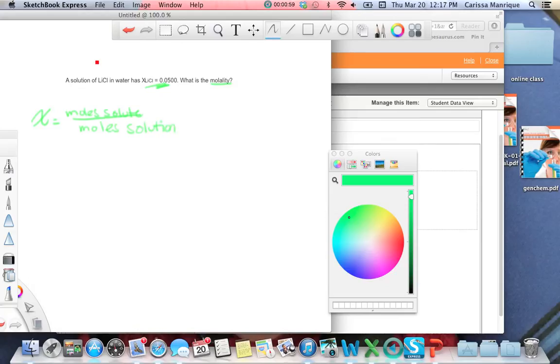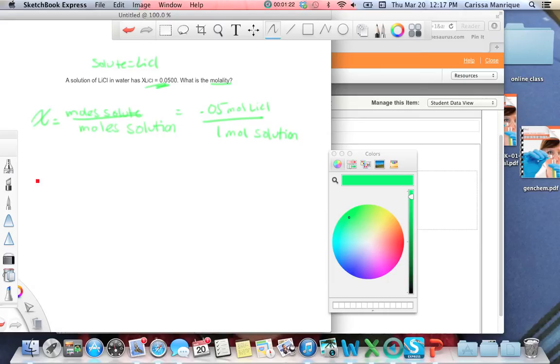Our solute, in this case, is lithium chloride, and this equals 0.05. So this basically tells us we have 0.05 moles of lithium chloride per 1 mole of solution.